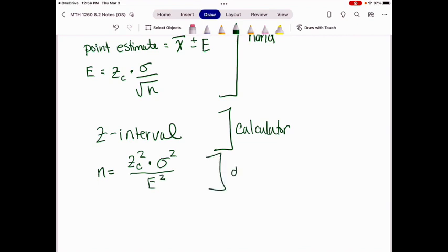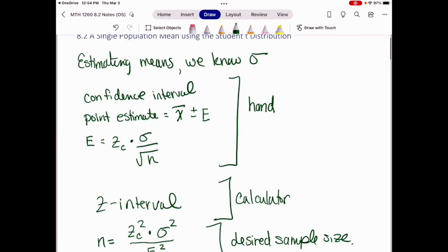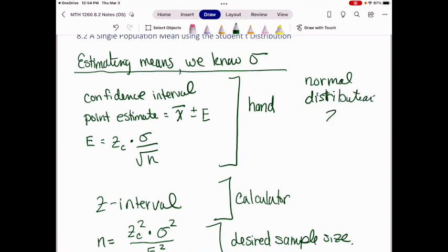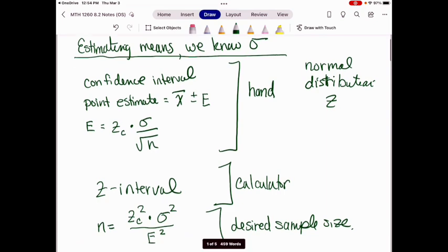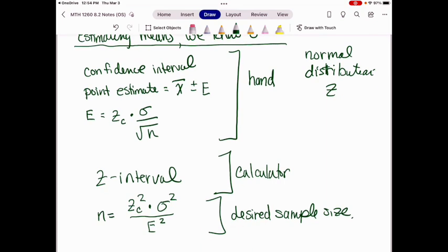So this is going to give us the desired sample size. So when we know sigma, we use the normal distribution, our z's, to figure all this out, to find our z critical, our interval, etc.